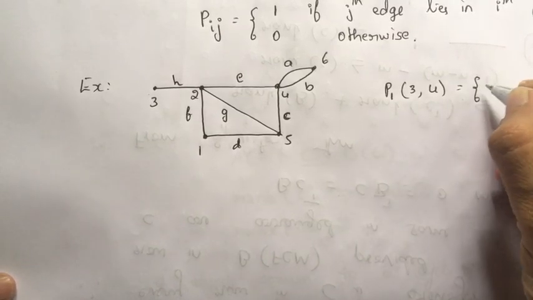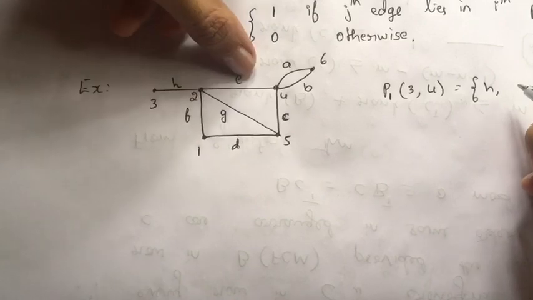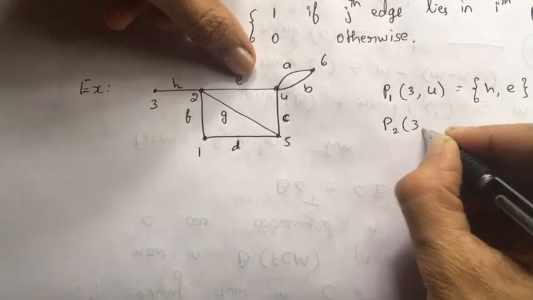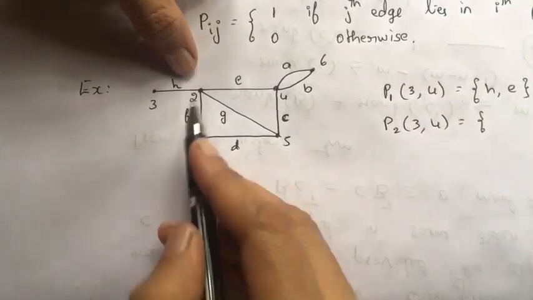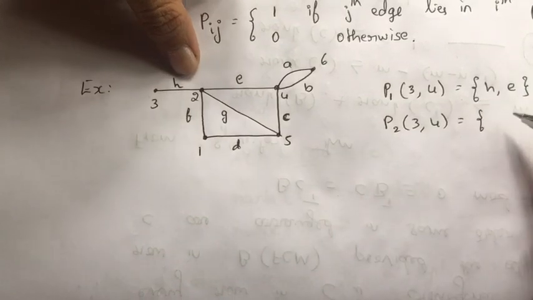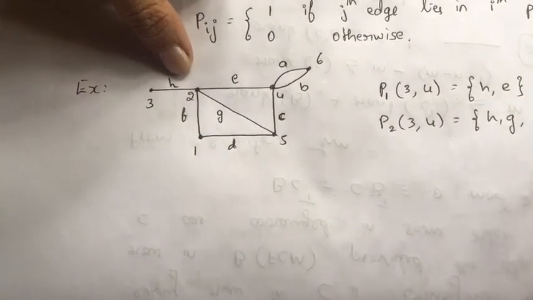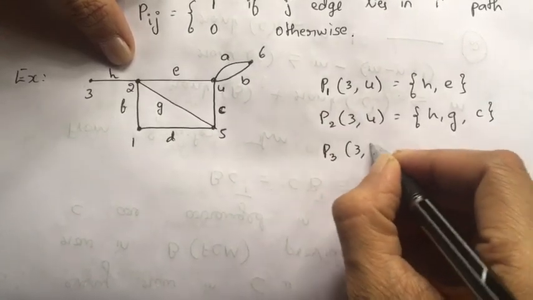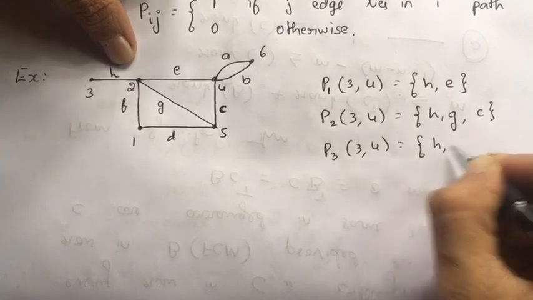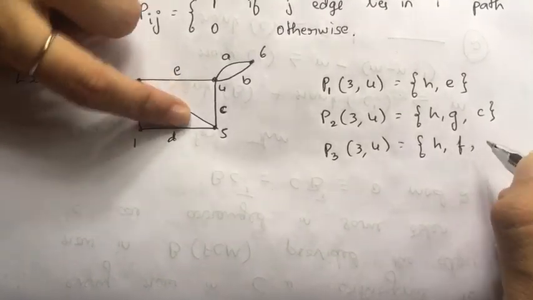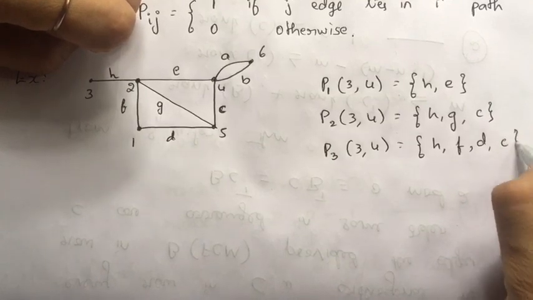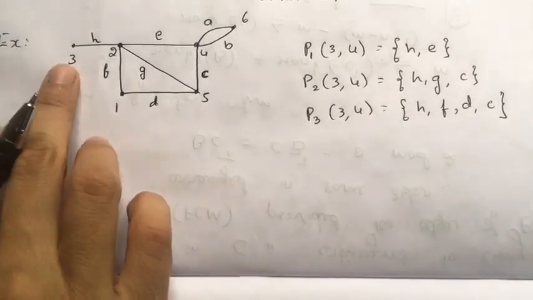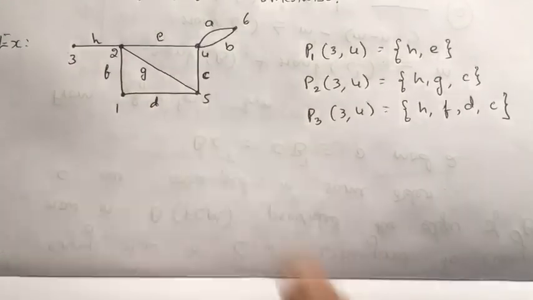The first path includes the edges H and E. The second path between vertices 3 and 4 is H, G and C. And the third path includes edges H, F, D and C. These are the 3 possible paths between vertices 3 and 4.